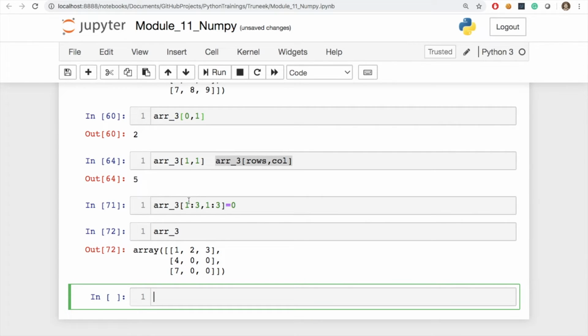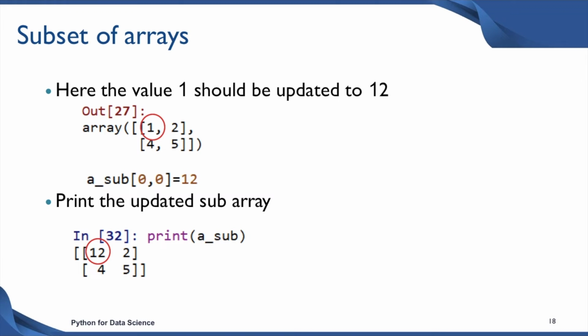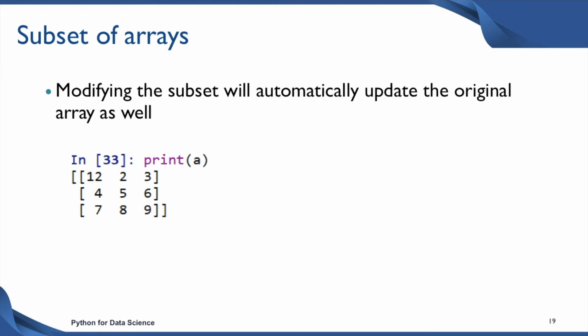This is your row, and in the row you could have a slicing part, separated by a comma, and here you have slicing in the case of columns also, right? So this is your rows and this is your columns. So this is how you can replace the value by first trying to subset, right?